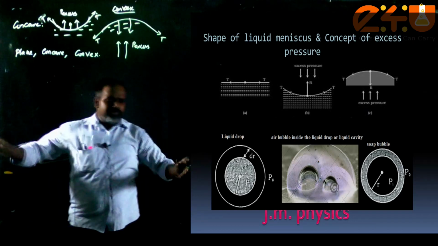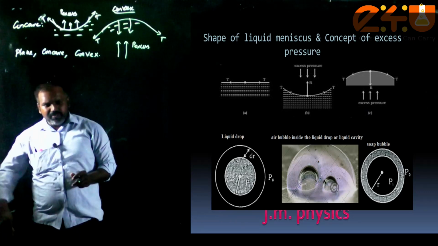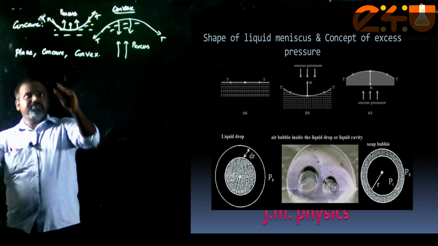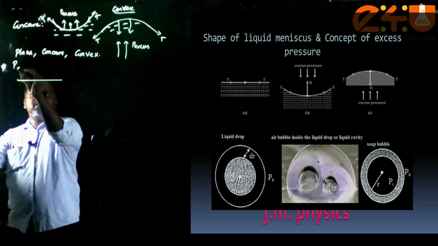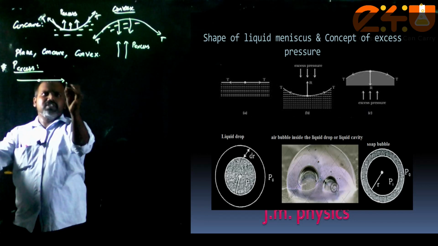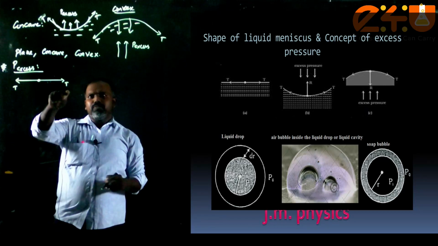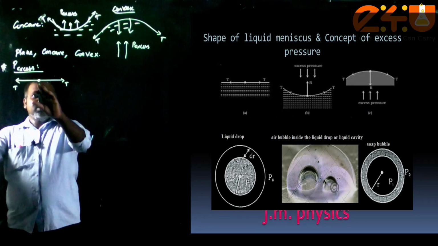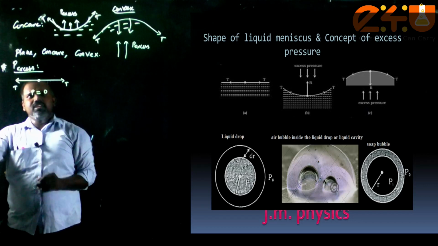Now you see the concept of excess pressure. That is a very important thing. In a plane surface, this is the force, and there is no other additional force due to the surface tension of the liquid. Therefore, the excess pressure on this surface will be zero.